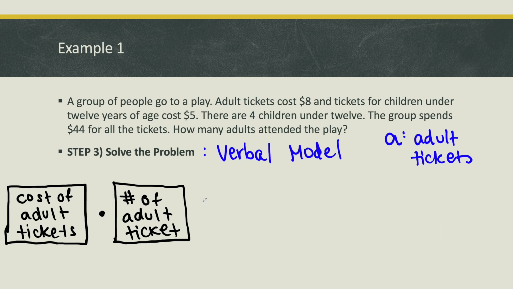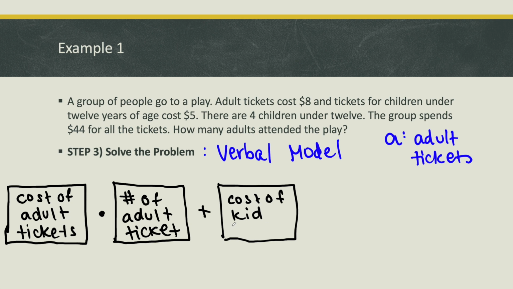And then to this, we'll add our cost of kid tickets, and then again we have to multiply that by the number of kids going, for this to be considered valid.